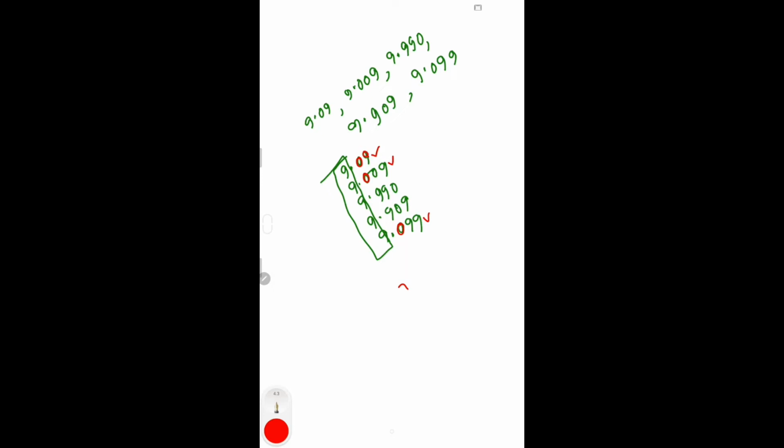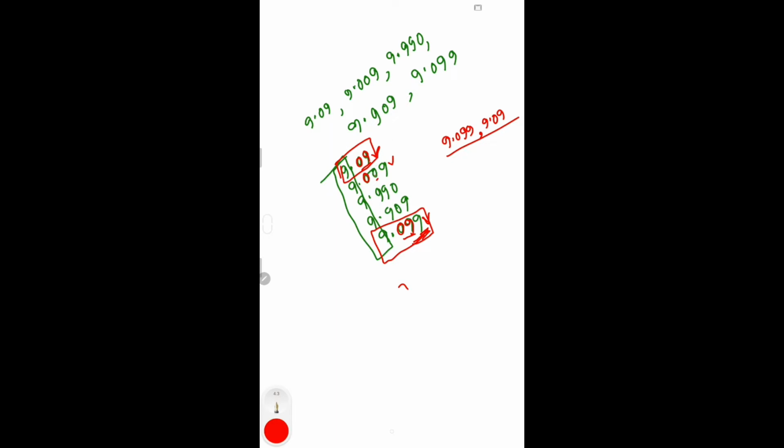Here the number is 9, here it is 0, and here it is 9. These two numbers have 09 after the decimal, but this number has an extra 9 and here we have nothing. So this number is greater than that number. So 9.099 is greater than 9.09. So we have found these two numbers by comparing.